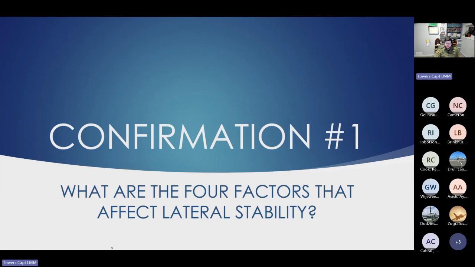That is correct. When it comes to the 4 factors, it's not dihedral stability and sweepback stability, it's just dihedral and sweepback. Because dihedral means the angle that the wings meet the horizontal, and sweepback means the angle that the wings are swept back. But bang on. Okay, thank you. I'll remember that. No problem. We're just flying through this one.